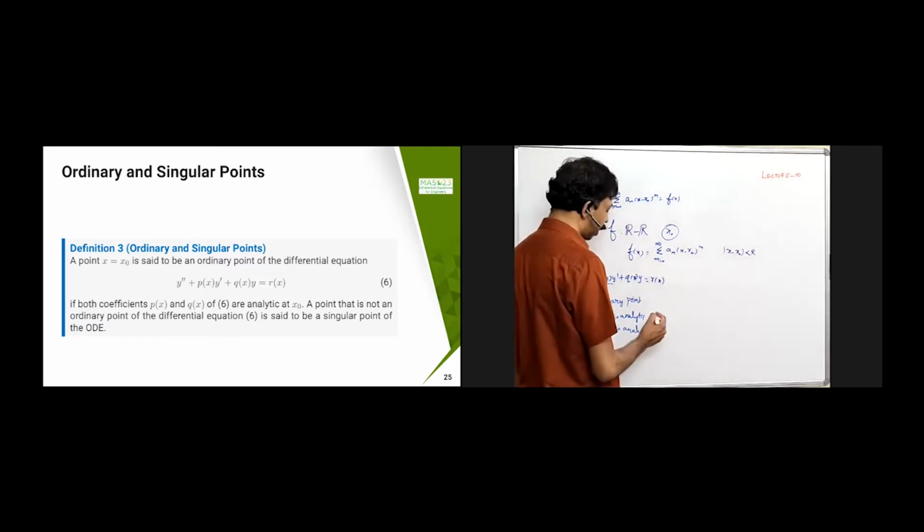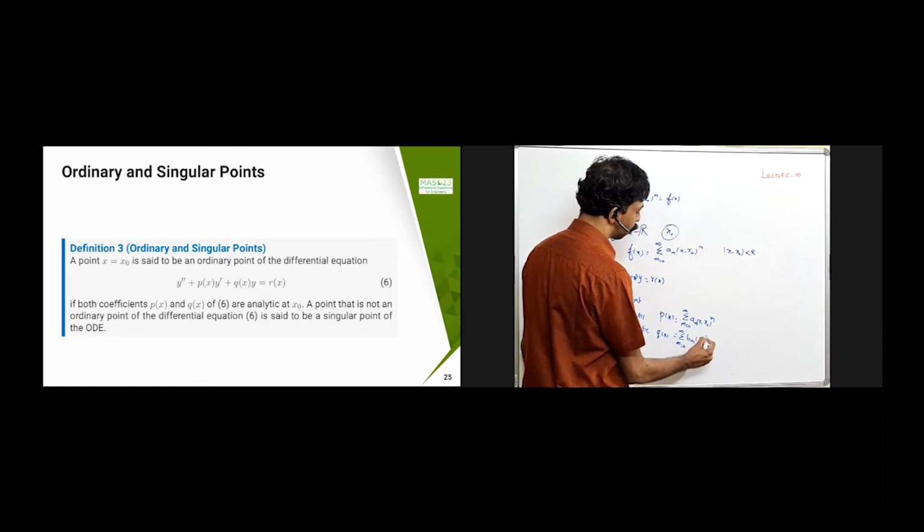What is the meaning? You should have a positive radius of convergence in such a way that p of x equal to summation m equal to 0 to infinity a_m into (x minus x naught) whole power m exists. Similarly, q of x equal to summation m equal to 0 to infinity, let's say b_m into (x minus x naught) power m, should exist for some positive radius of convergence.